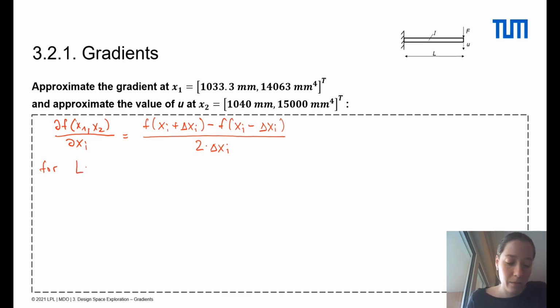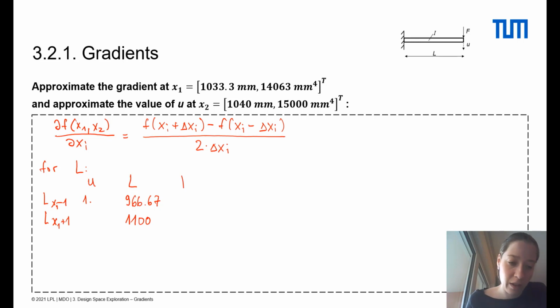So for L, we got L of x minus 1 and L of x plus 1. We got U, so L is 966.67 for minus 1, and plus 1 is 1100 millimeters.